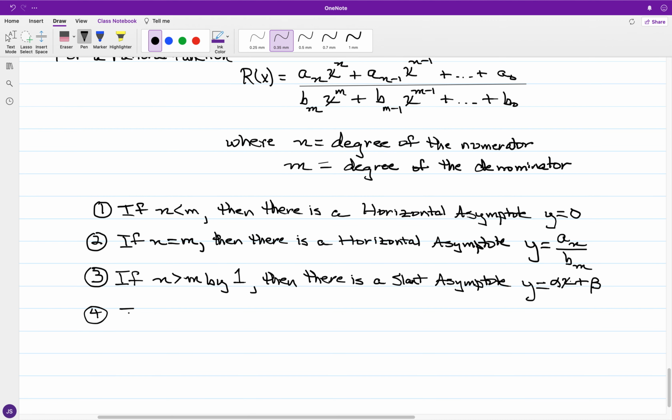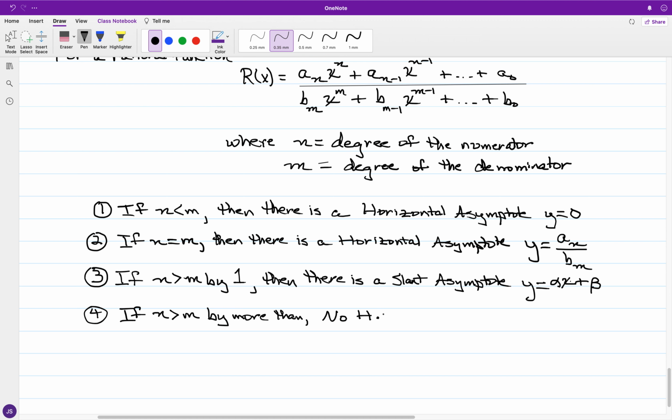And then for other situations, if we have that n is greater than m by more than 1, what this means is that there's going to be neither asymptote type. I'm just going to use a little bit of shorthand here.